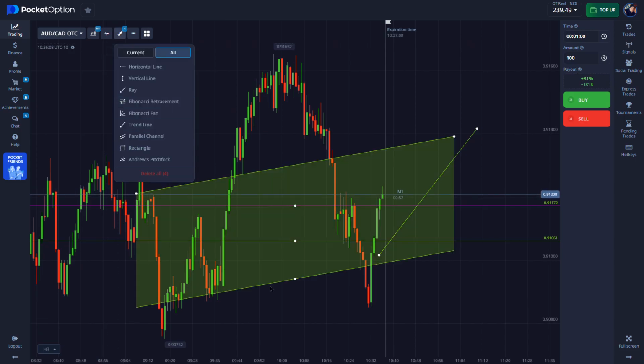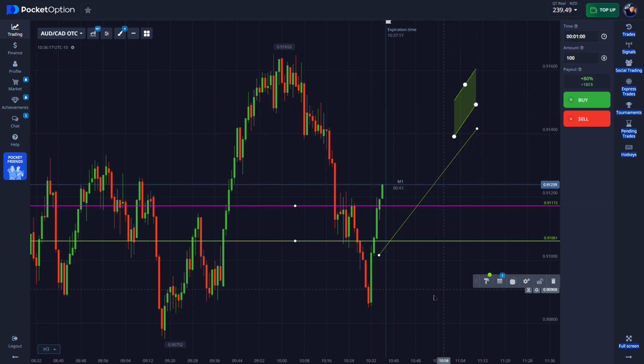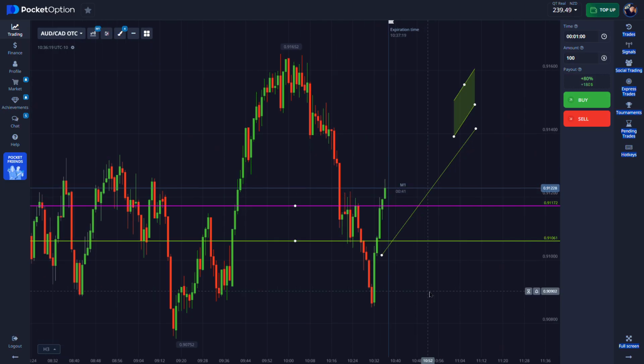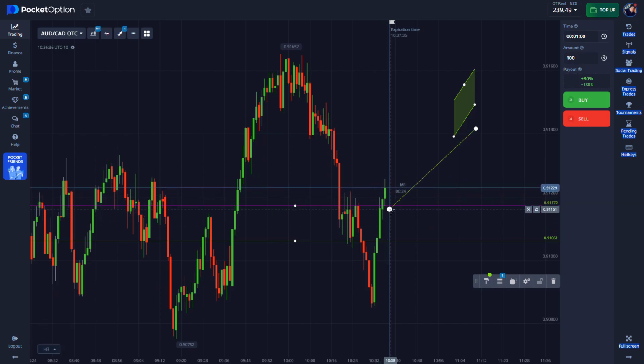I like to use a parallel tool as well. I'd say she should be heading up towards this area here. If she puts in a nice hammer, I will take the trade. But then again, we've got this big push to the upside. One little hammer's not going to stop it from carrying on, if you know what I mean.